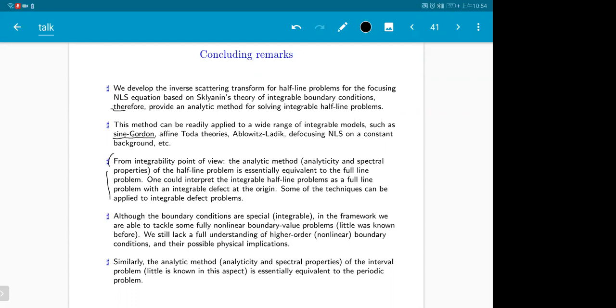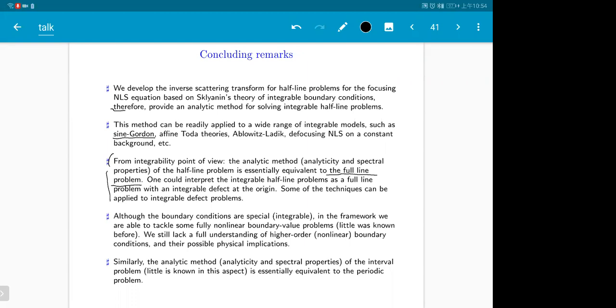And so by studying this problem, from the point of view of integrable systems, the analytical method for the half-line problem is essentially equivalent to the whole line problem. As we showed, we can extend this half-line problem to the whole line, and yield solutions similar to the whole line problem.